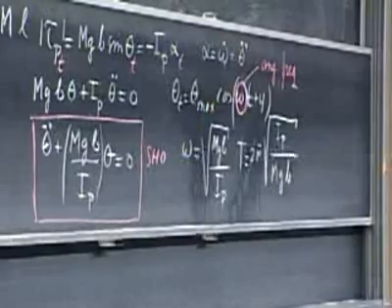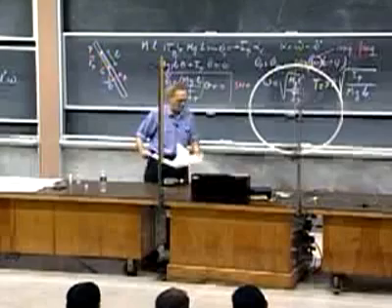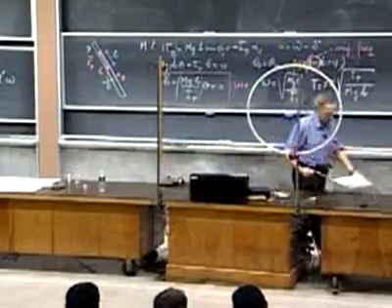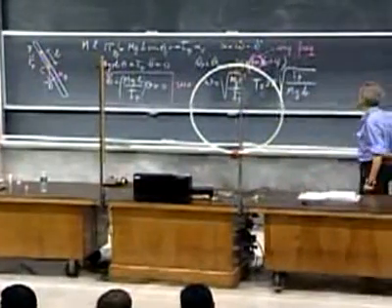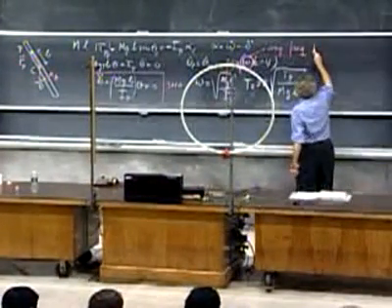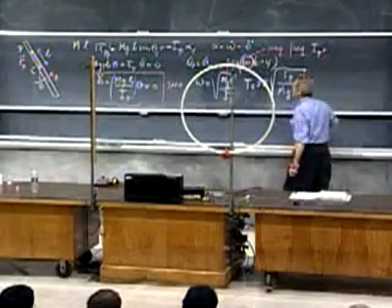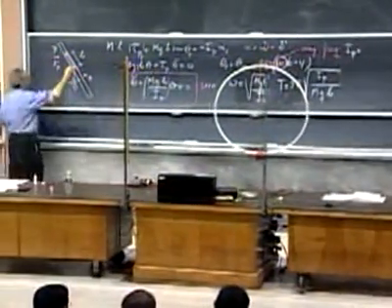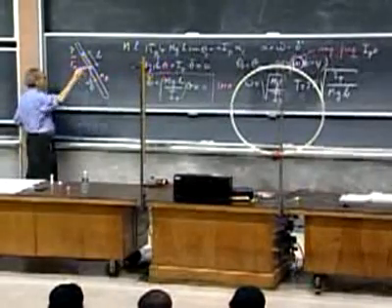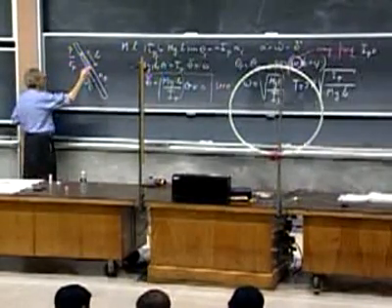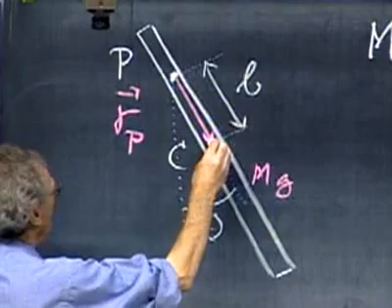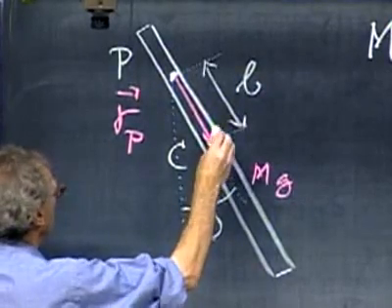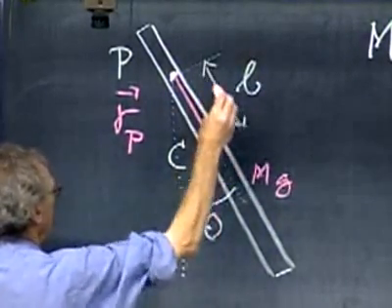You may say, yeah, but there is a mass downstairs. Yeah, but there is also a mass upstairs, because the moment of inertia about point P has a mass in it. The moment of inertia about point P we find immediately by using the parallel axis theorem. If it were rotating about the center of mass, about this axis, then it would be 1/12 ml squared, and so we have to add mb squared.